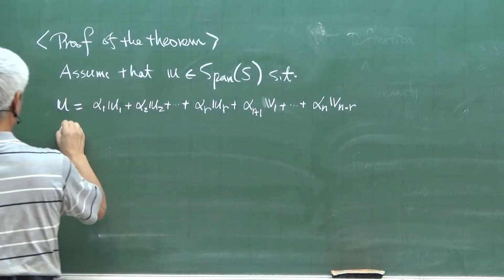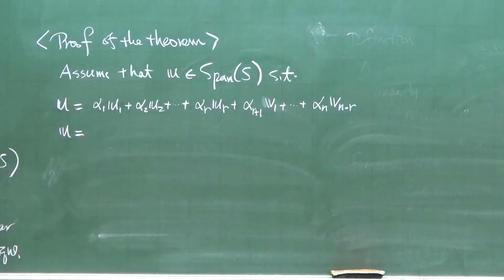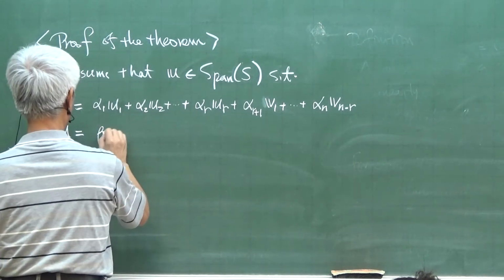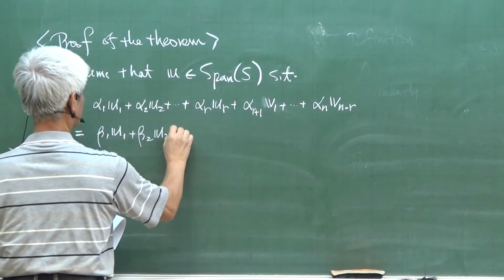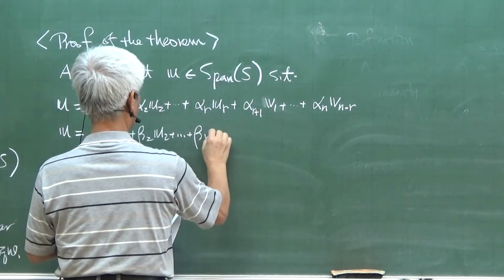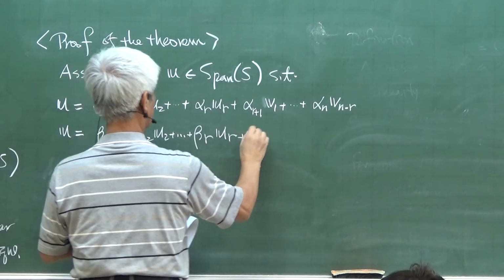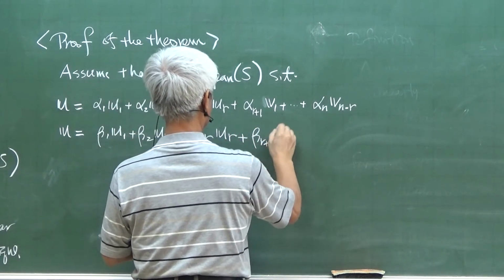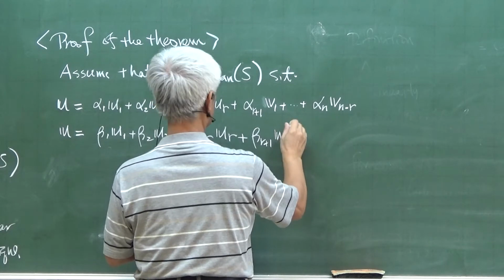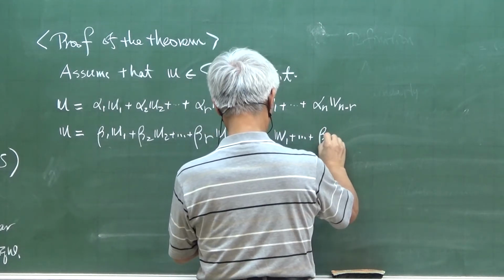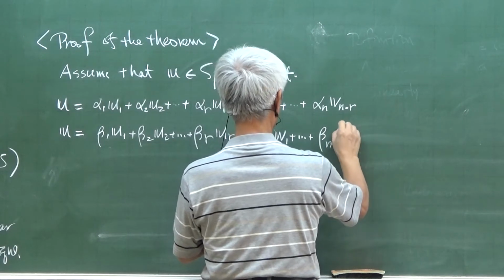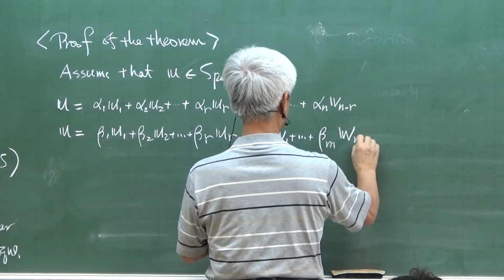This is one representation, and also we have another representation. It's beta 1 u1 plus beta 2 u2 plus ... plus beta r ur plus beta r plus 1 w1 plus ... plus beta m w n minus r.